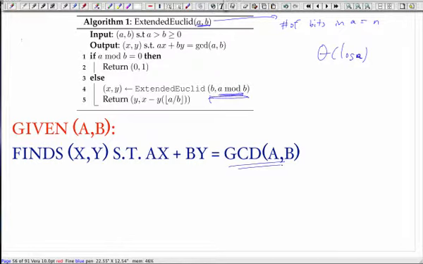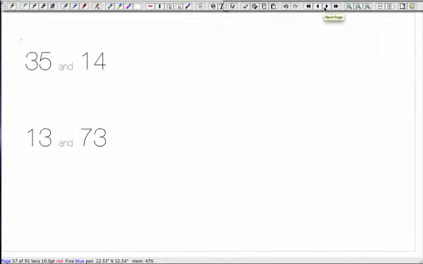What's remarkable about this simple algorithm is not only does it let you compute the GCDs of things, but Euclid came up with his GCD algorithm, and someone extended it. When you extend it, you can also compute values x and y such that ax plus by is equal to the GCD of these values. It's best to see this as an example.